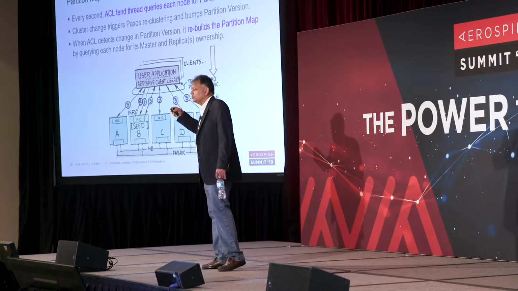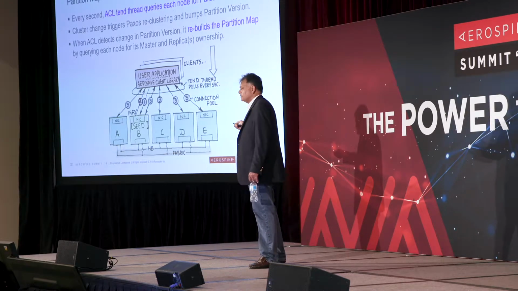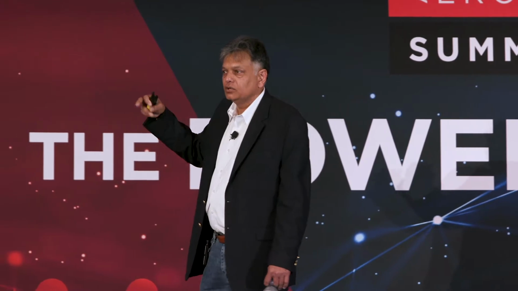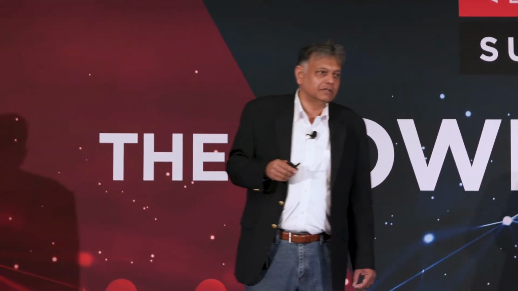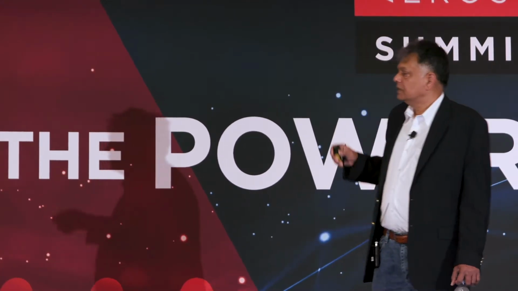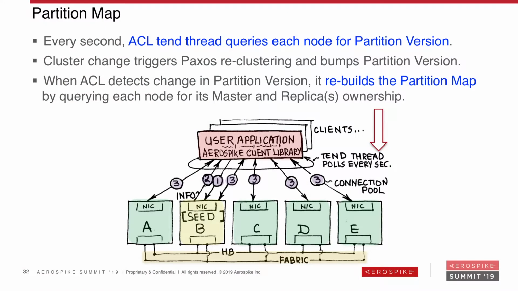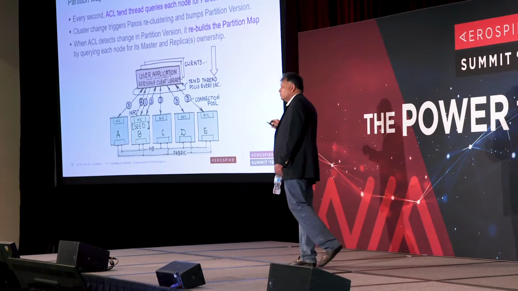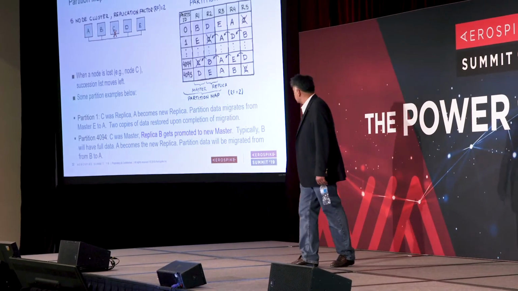So the client only pulls the full partition map from the node only when the version has changed. So it's a very lightweight operation. It's tending to each node and asking for the partition version. If it has changed, then it'll ask for the full ownership. And once it knows each node's ownership, it figures out at the client library level who owns which partition. Okay? So that's important for the client to know which node owns which partition.